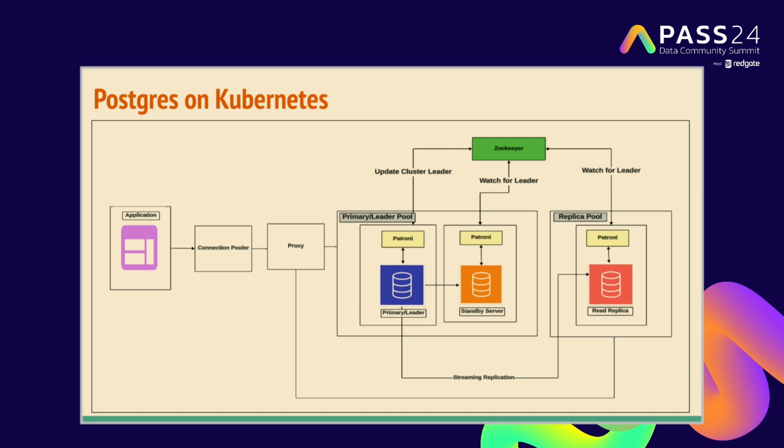We have dedicated Zookeeper clusters that will manage the Postgres clusters. And the standby servers, it's good to have more than one standby server in case one of them goes down.